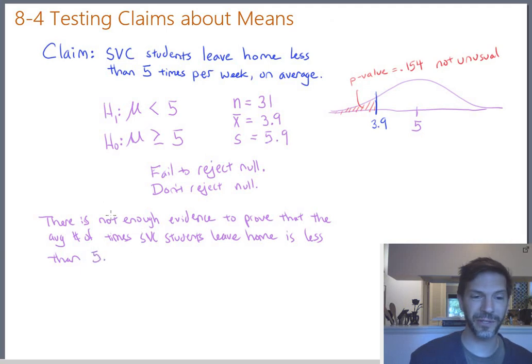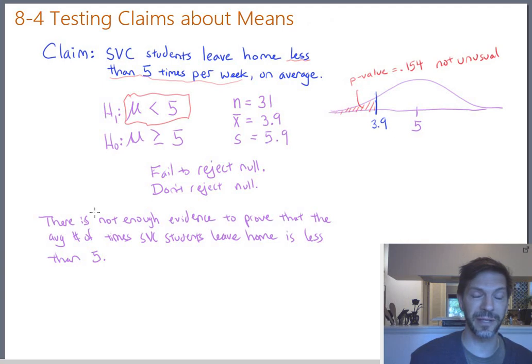Notice the basic structure of this sentence is I went back and I looked at the claim, which was there, or also here, if you want it in words. And I basically said, because I could not reject the null, I can't go with the alternative.